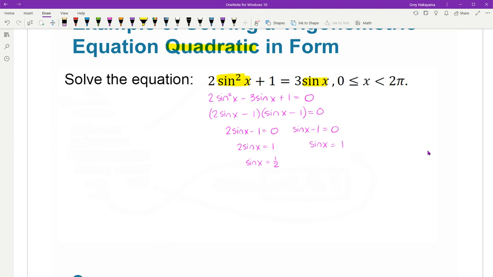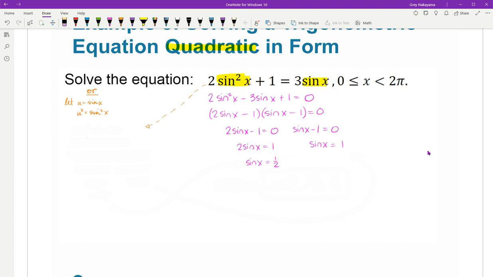Now, if you had trouble getting there, there is another way of doing it. We did it when we had logs and exponents. We call this u substitution, and we let u equal the sine of x, which makes u squared, if I square both sides, equal sine squared x.